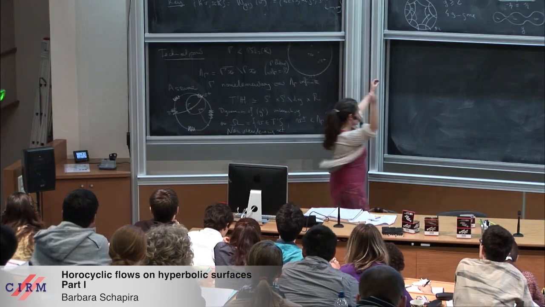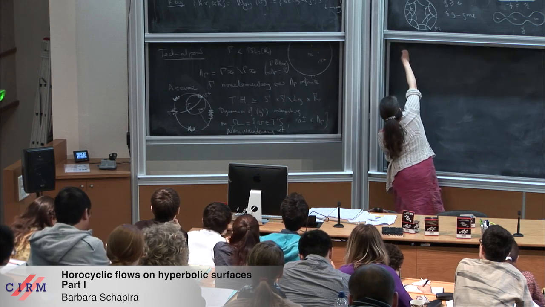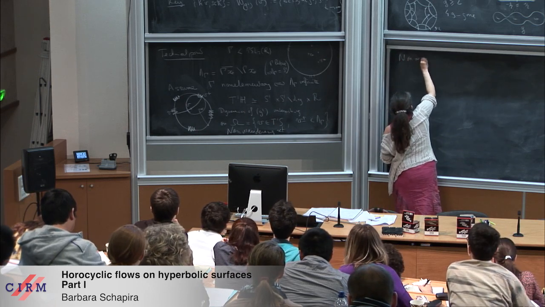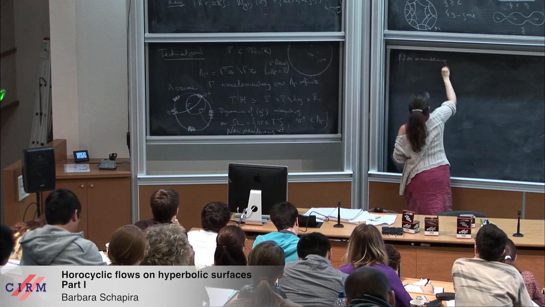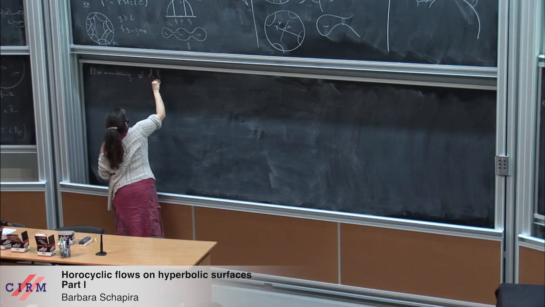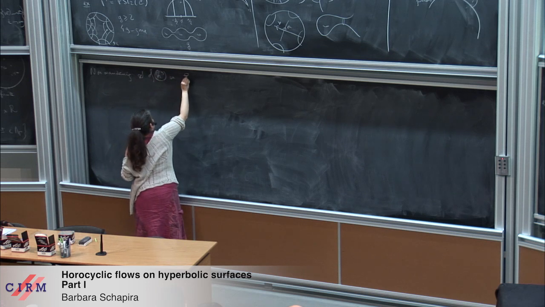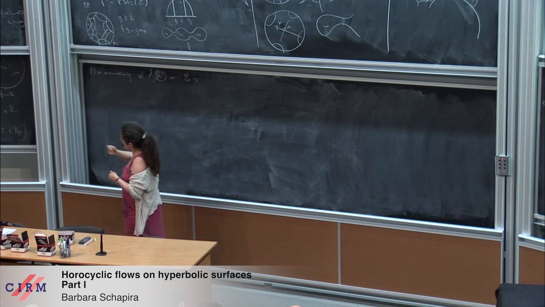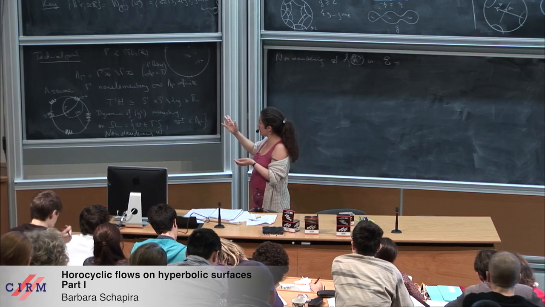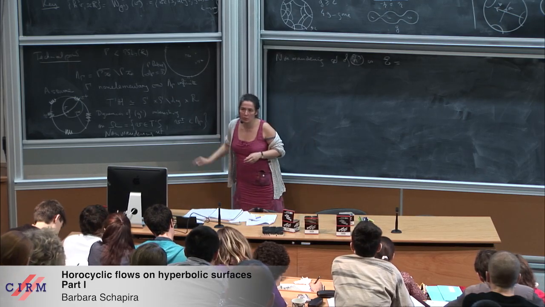So the non-wandering set of the horocycle flow is exactly the set of horocycles which cross this set omega.